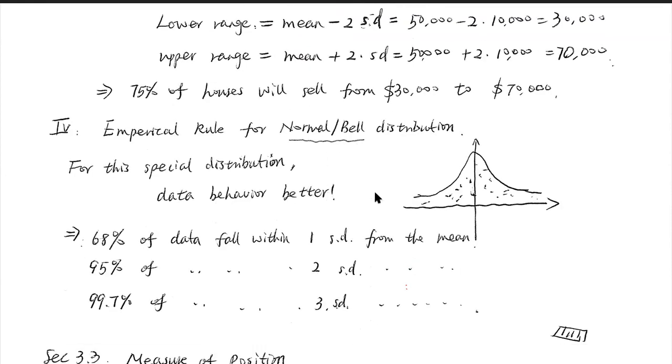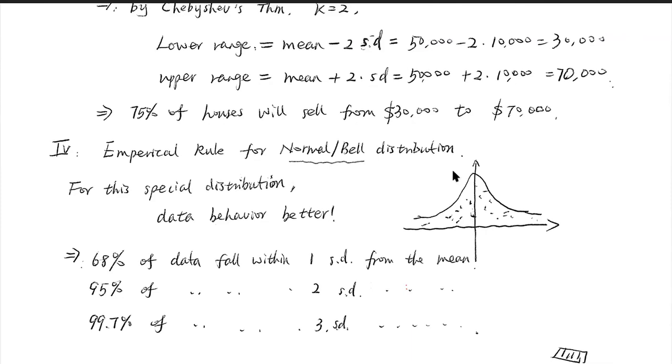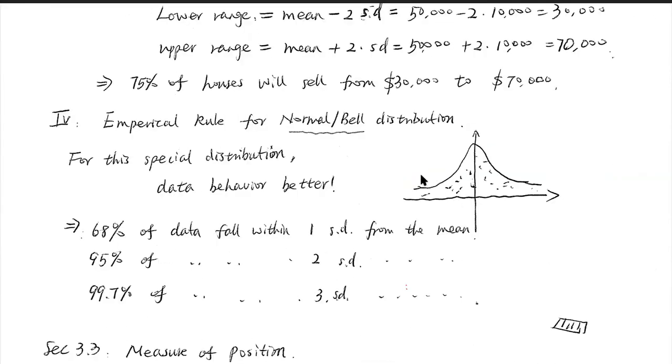One more thing I want to mention is that there are certain situations where the distribution could be even better. What does that mean? Chebyshev theorem tells us that if it's 2 standard deviations away, at least 75%, right? But if you have some data distributed like this, what do we call this, bell-shaped form?